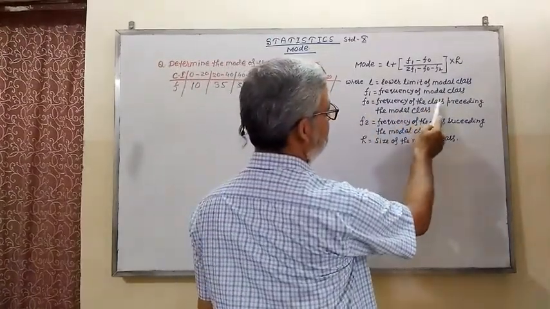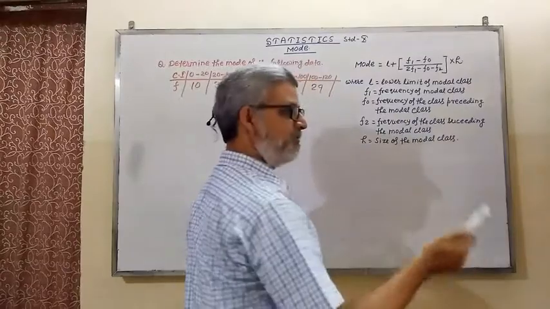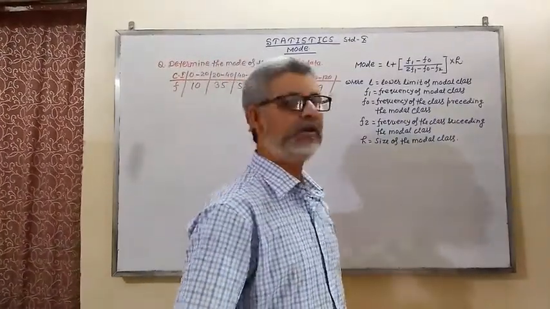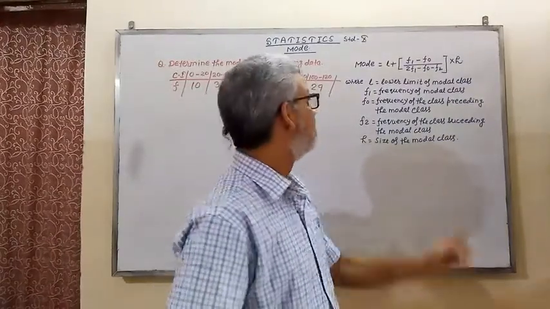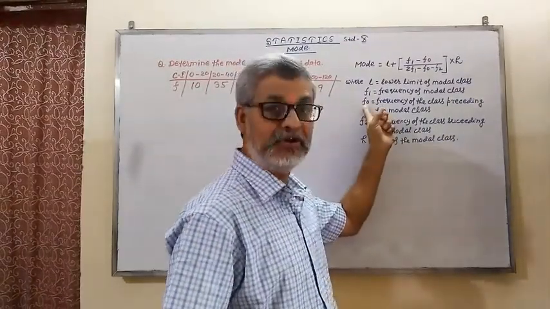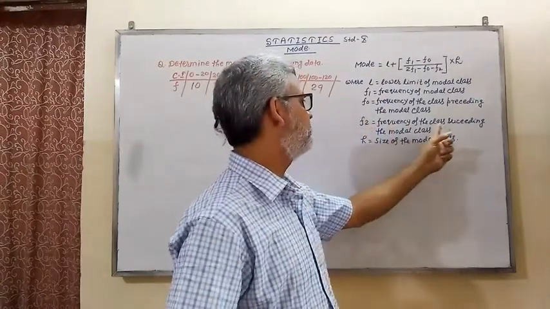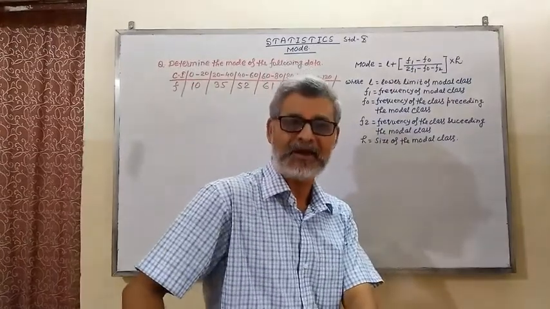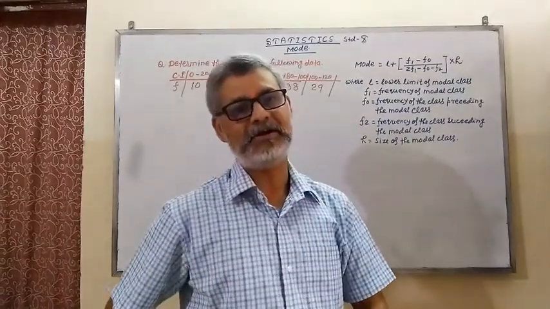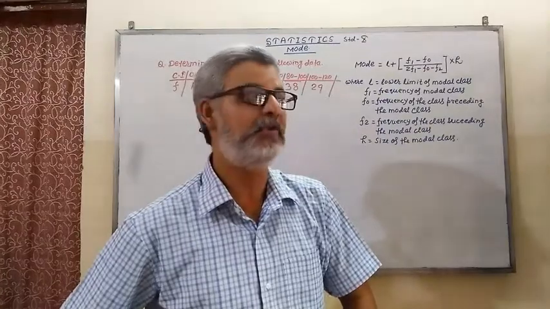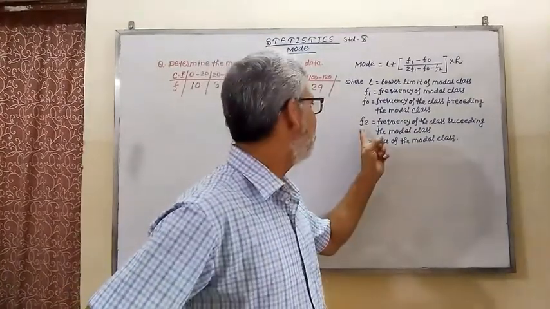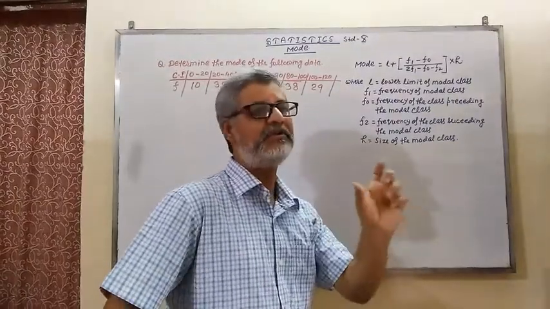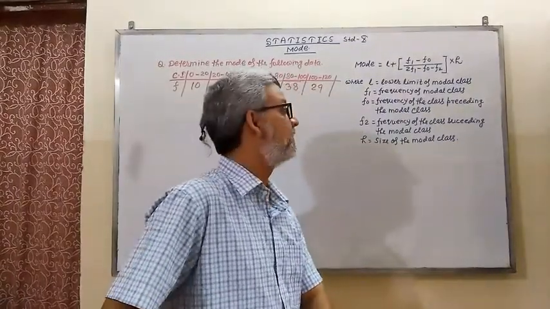F0 is the frequency of the class preceding the modal class, that is, the class interval given before the modal class. F2 is the frequency of the class succeeding the modal class, the interval given after it. And H is the size of the modal class, that is, upper limit minus lower limit.